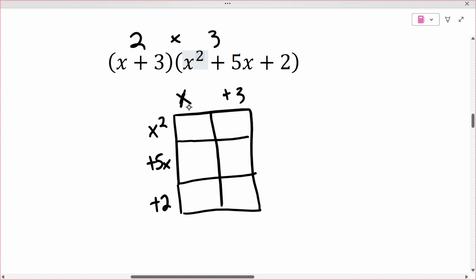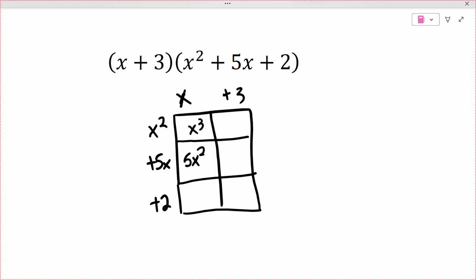Okay, so again, in each of these boxes, I'm now going to multiply corresponding parts. So I'm going to multiply x and x squared to get x cubed. I'll multiply x and 5x to get 5x squared, x and 2 to get 2x, 3 and x squared to get 3x squared, 3 and 5x to get 15x, and 3 and 2 to get 6.